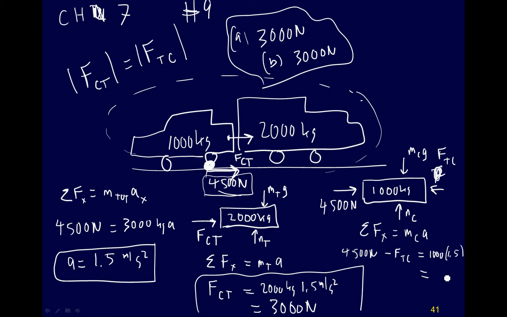I'm not going to write my units just because I'm kind of pressed for space, but this will work out to be 1,500 newtons when I multiply that out. So it's 4,500 newtons minus F of T/C, and if you solve for F of T/C, you'll end up getting exactly 3,000 newtons. So you can solve for it, get the same thing, or just realize it from Newton's third law, but it's nice to be able to go through and check.